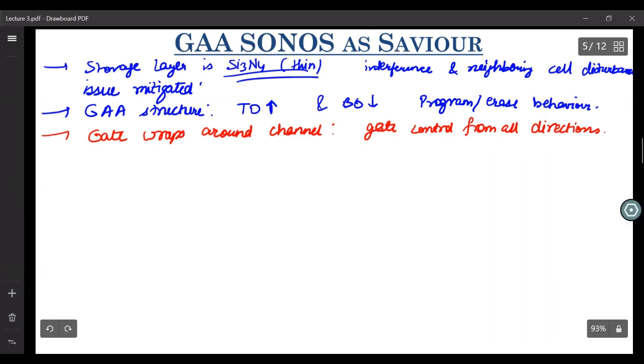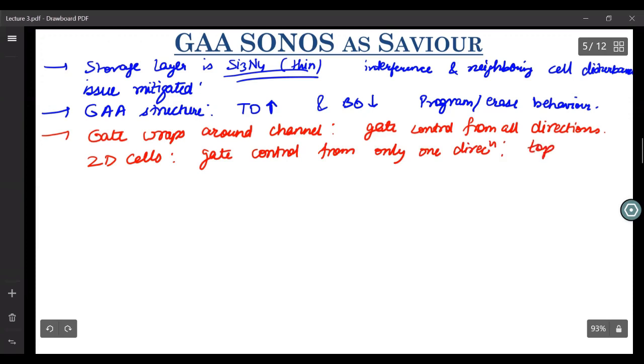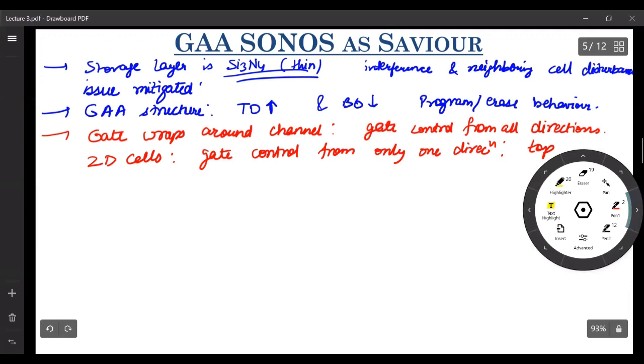In 2D cells, you have gate control from only one direction, and that direction is the top, right? However, in your gate-all-around structure, the gate wraps around the channel, and you can have gate control from all directions. So if you have a better gate control, what does that lead to?